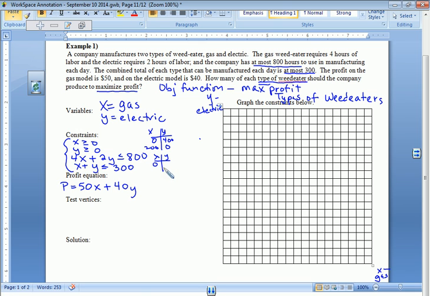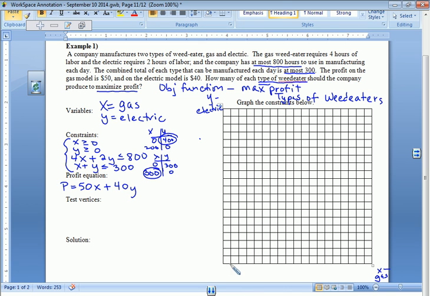So I'd plug in 0 for x, and what do I get out for y? 300. I plug in 0 for y, and what do I get out for x? 300. So it appears my greatest y is 400, and the largest x is 300. So what is a nice counting number that might get us to 300 and 400?